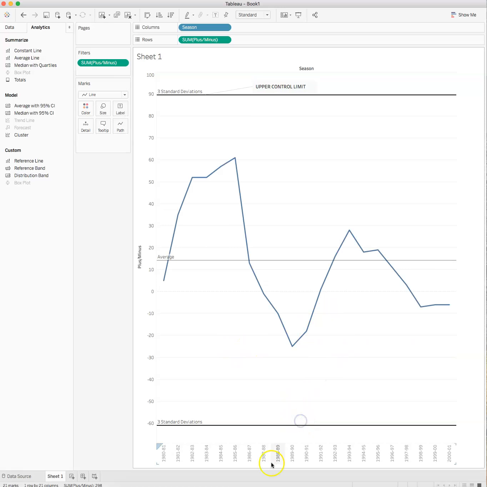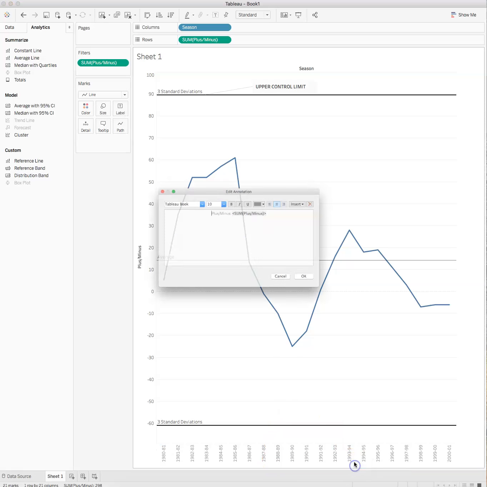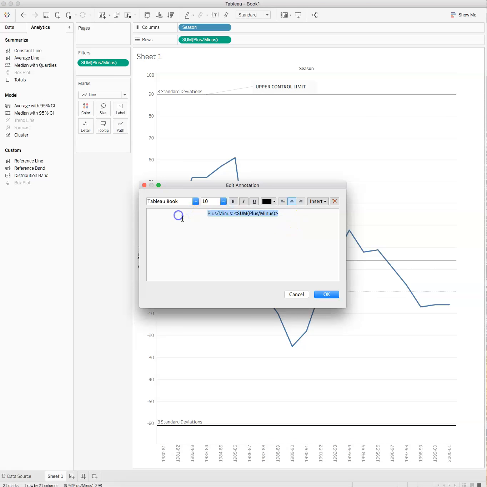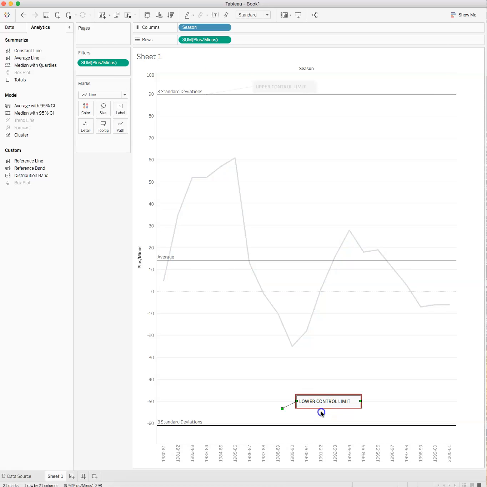And down here, I'll want to do the same thing, and I'll annotate point, and here I'll call it lower control limit. And there's my point right there.